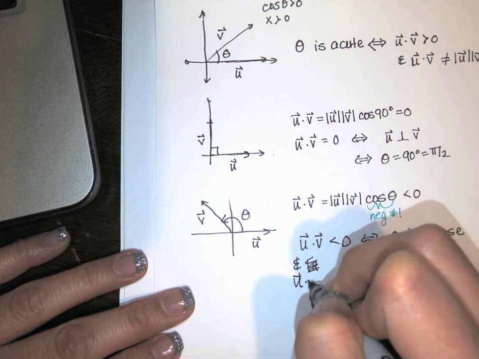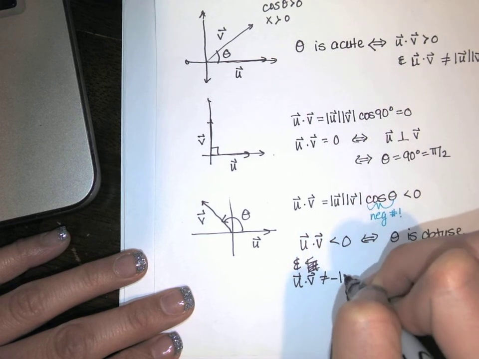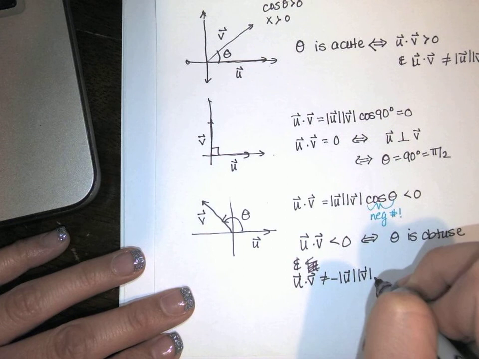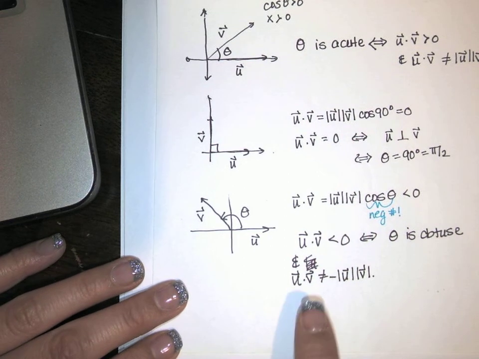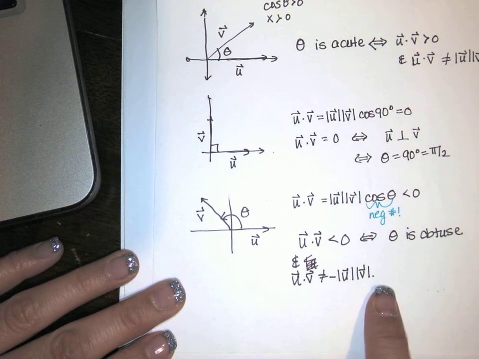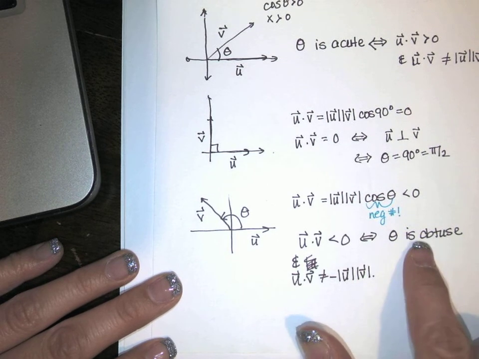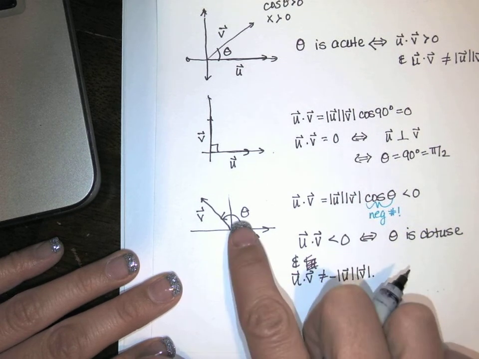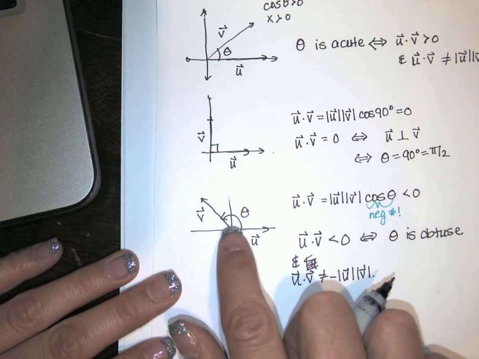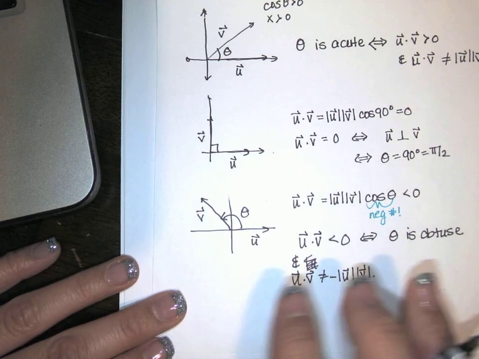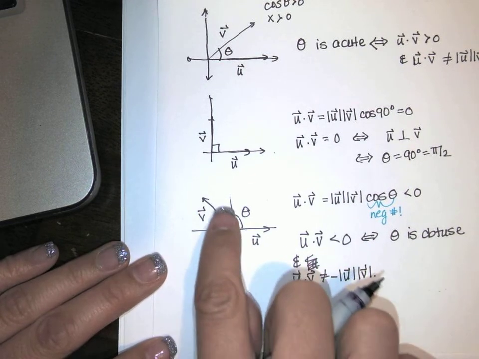And u dot v is not equal to the negative length of u times the length of v. If it's the negative length of u times the length of v, they're pointing in opposite directions, but that theta is obtuse. If it's negative, it is sort of pointing that way. We can say it's like almost pointing in the opposite direction. Not technically, not the way we've talked about it.